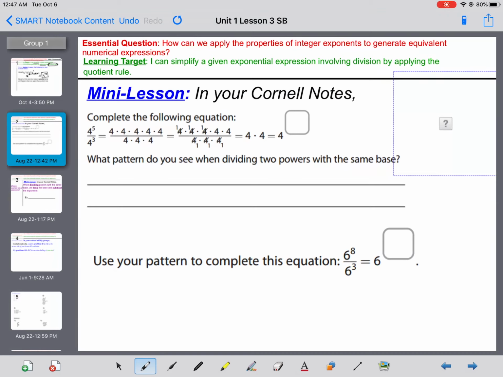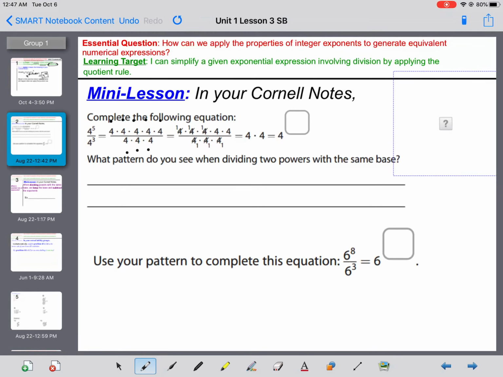For our example in the mini lesson, we have 4 raised to the 5th power over 4 raised to the 3rd power. So we see that it's division. And if it's expanded out, we see that there's 1, 2, 3, 4, 5 4s on top and 1, 2, 3 4s on bottom.